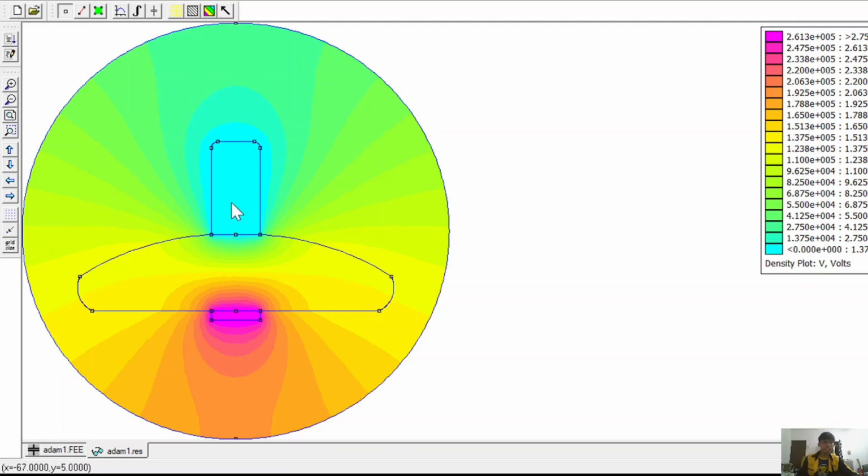So let's do a simulation for our assignment, which is the normal condition, the clean condition. So let's start.